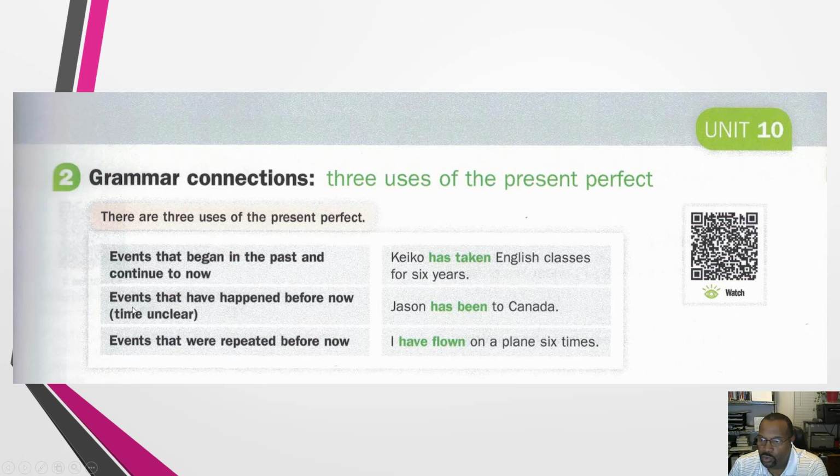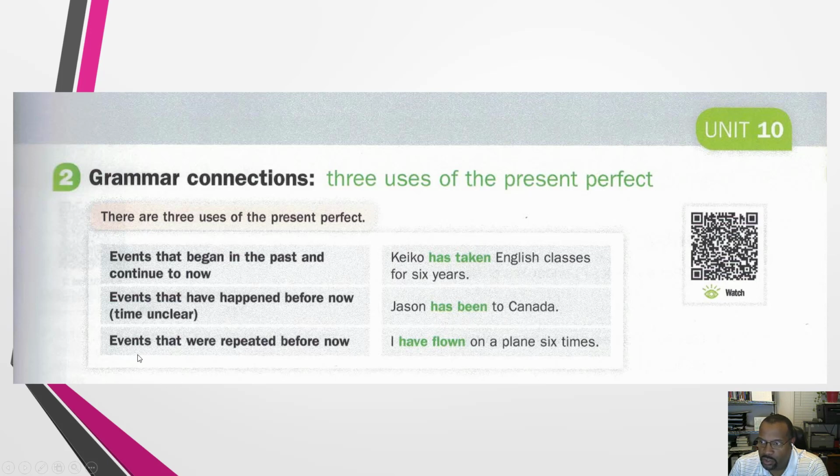Another use for present perfect is events that have happened before now, a time unclear. Events that have happened before now, so in the past, basically, but the time is unclear. There's not a specific time in the past. An example of that is, Jason has been to Canada.